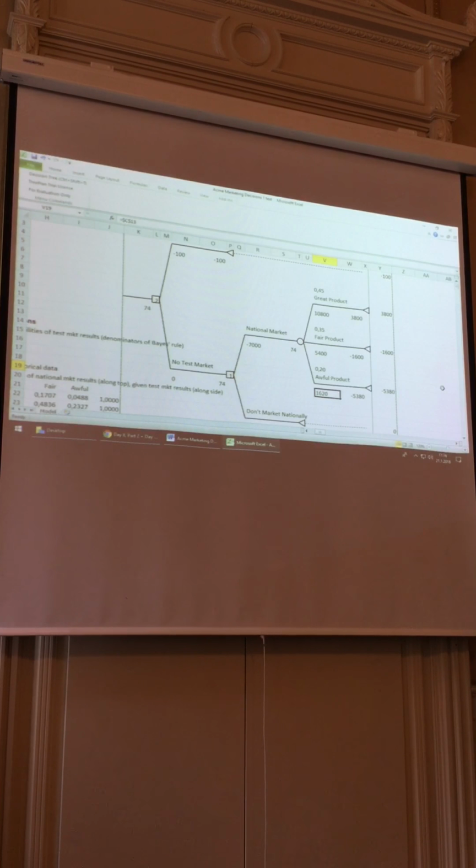So we're done with the bottom half of our tree. What's it telling us? If we don't run the test market, what should we do? Should we market the product nationally or not? If we're in the bottom branch, we're not running the test market, what should our best decision be?